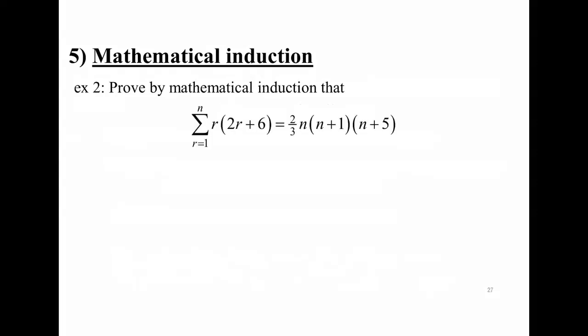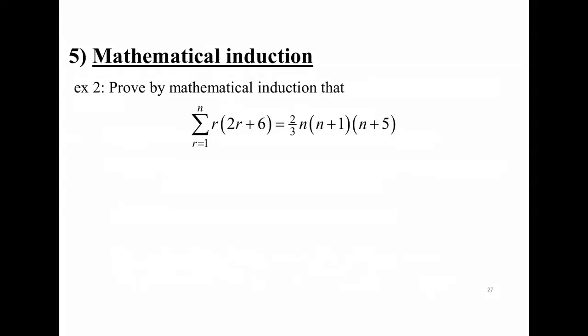Now, let's put this into an example. I'm going to solve example 2 before example 1 because example 2 is slightly easier. We have this conjecture, a statement in terms of n. The first side is expressed using sigma notation. If using sigma notation in the proof is a bit confusing for you, it's no big deal.